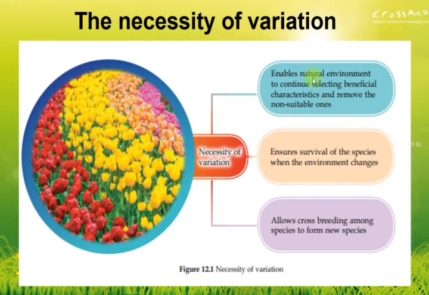Number two, it ensures the survival of the species when the environment changes, same as the Biston betularia just now. Then number three, it allows cross-breeding among species to form new species. That is the necessity of variation.